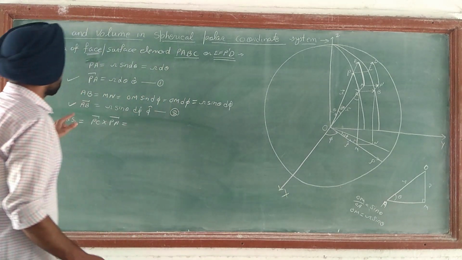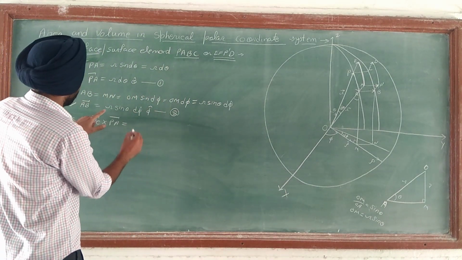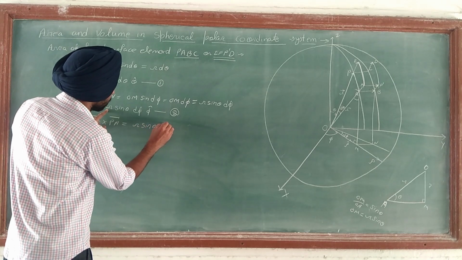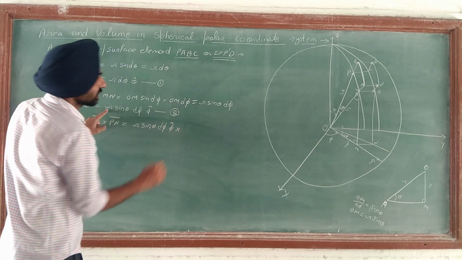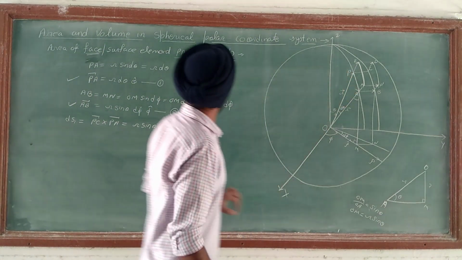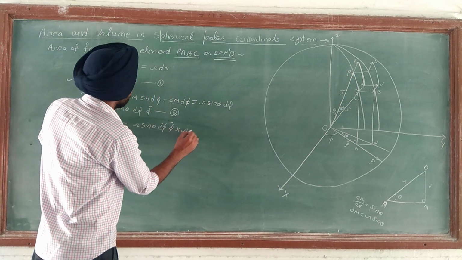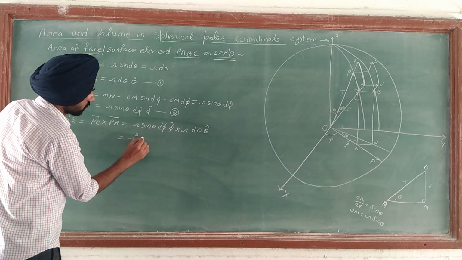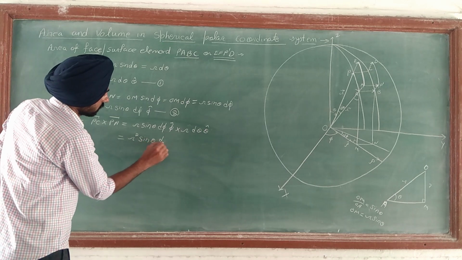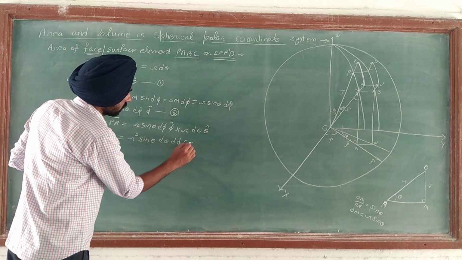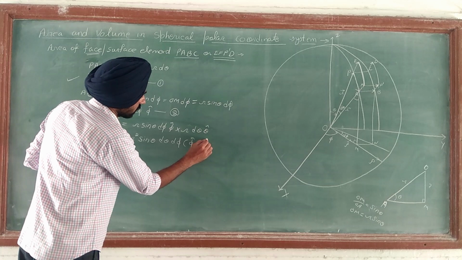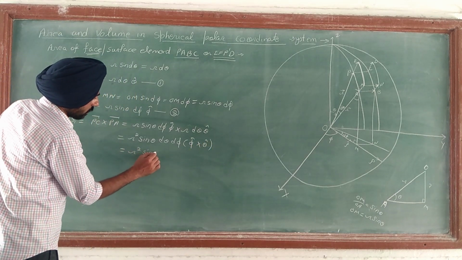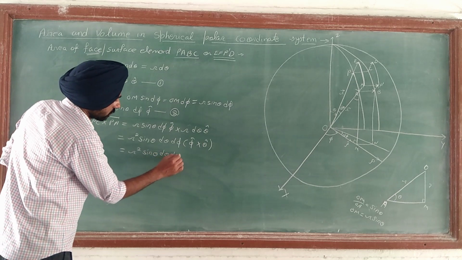So PC is R sin θ dφ φ cap cross PA. PA is R dθ θ cap. So we can write it as R² sin θ dθ dφ φ cap cross θ cap. So φ cap cross θ cap is minus R cap.